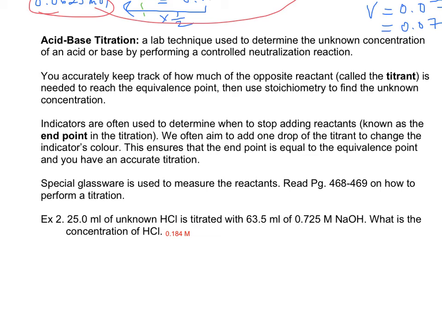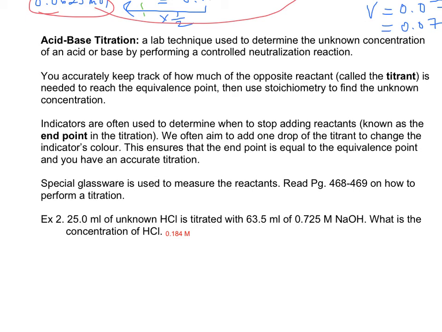Then you use stoichiometry to find the unknown concentration. Because the concentration of one of the chemicals is unknown, indicators are often used to determine when to stop adding reactants. When you stop, this is known as the end point in the titration.